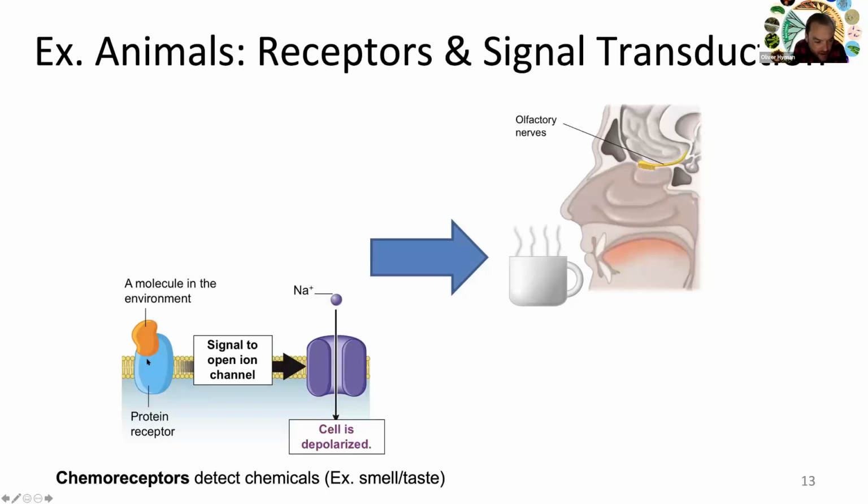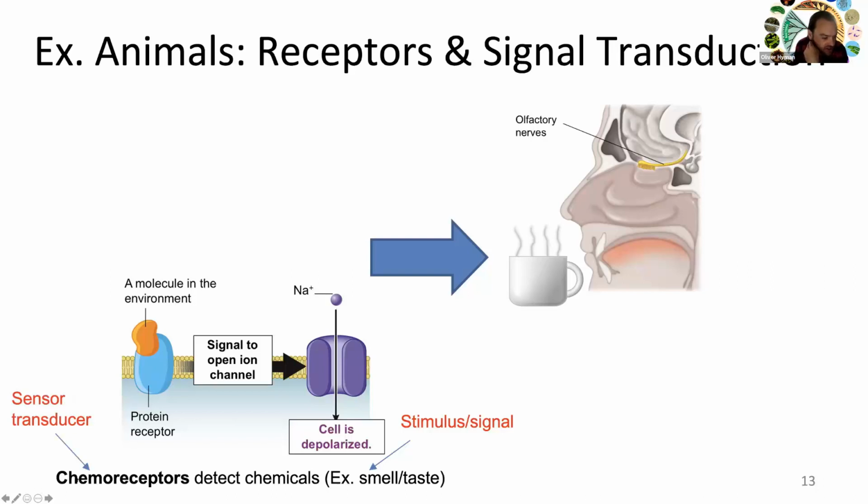It'll bond to that, and that will be translated by this protein receptor, or chemoreceptor as it's called, into an electrical signal, basically by changing ion balances. And that electric signal will once again be spread through the central nervous system, and then it'll have some sort of response. So in this case, the stimulus or signal is some chemical, the smell of coffee, or little coffee molecules.